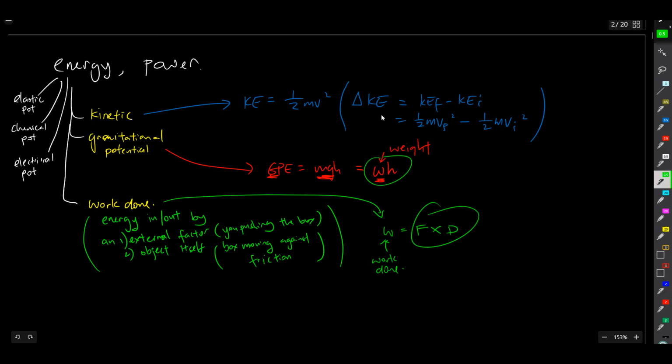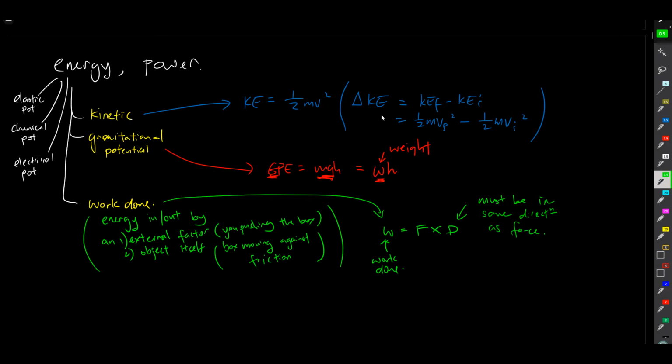So these two, because W is the force and H is the distance. So take note that this distance must be in the same direction as force. Alright, so yeah, that's about it.